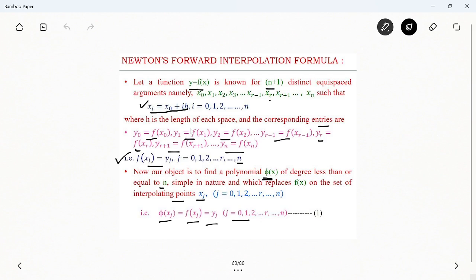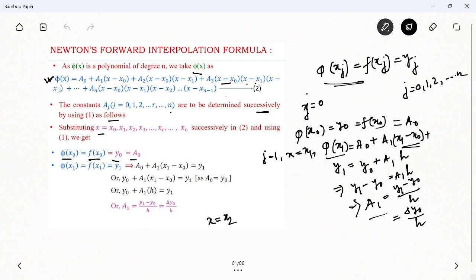For this, some criteria are needed. So first, we have a function, and all points are equidistant. For this reason, we write xi equals x0 plus ih. Then we write yi equals f(xi), i from 0 to n. Then we are assuming that the interpolating function phi(xj) equals f(xj) equals yj.